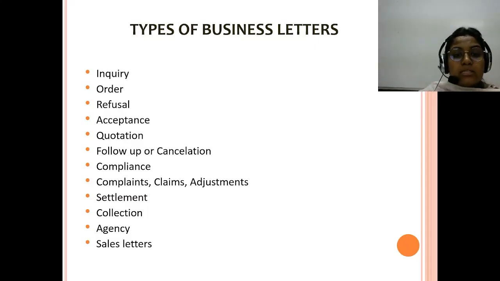For instance, the product does not work properly, the service was not performed correctly, you were billed the wrong amount, or something was not disclosed clearly or was misrepresented.